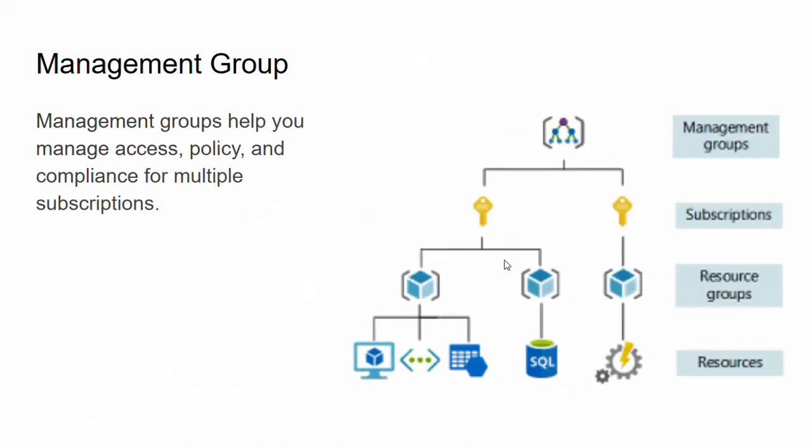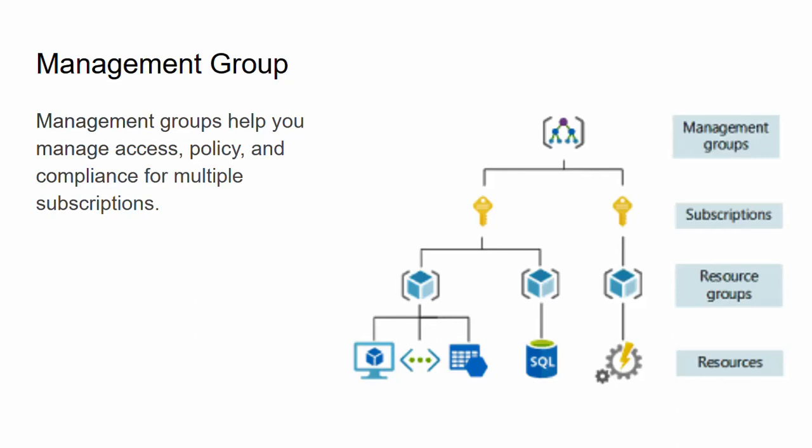On top of a subscription, there's the management group. A management group helps you manage access, policy, and compliance for multiple subscriptions. So a management group is one level higher than a subscription. It groups different subscriptions together, and the reason we have that is that a subscription is usually tied to one payment method, right? It's cost management and it's also a payment.